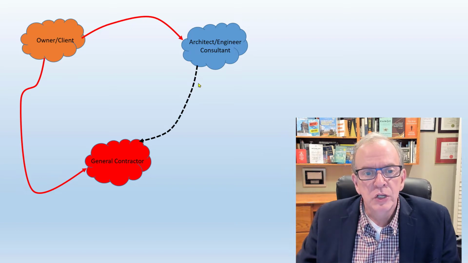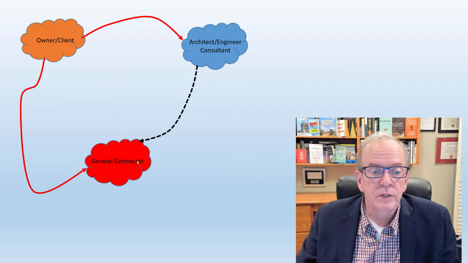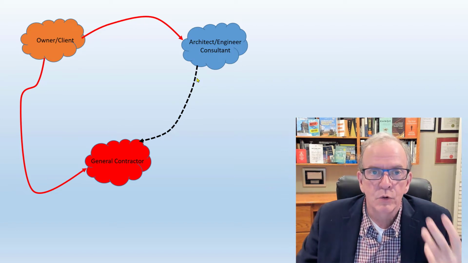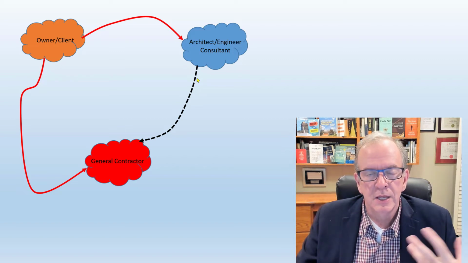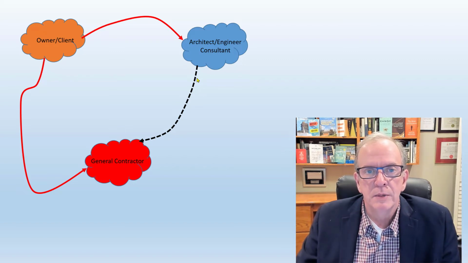Now that connection, as I said, that dashed line means the contract. One contract is between the owner and the architectural firm, and the other contract is between the owner and the GC, yet the architect consultant is overseeing the work in the sense they're making sure that the work is being done to satisfy the contract requirements.